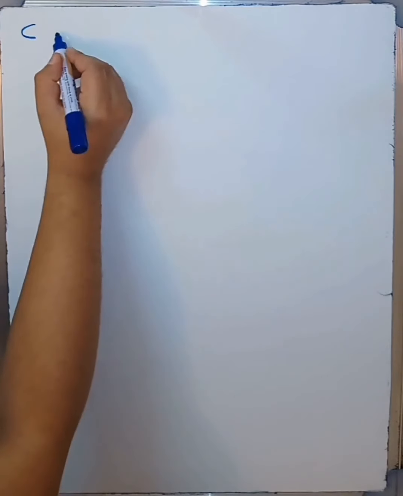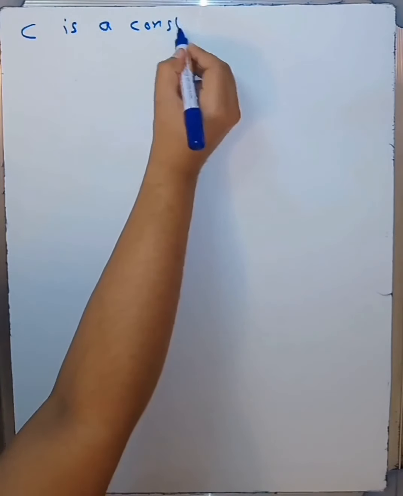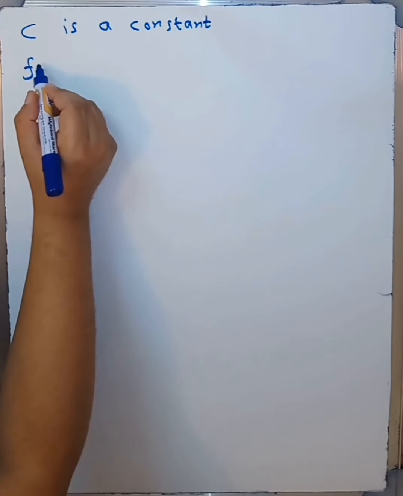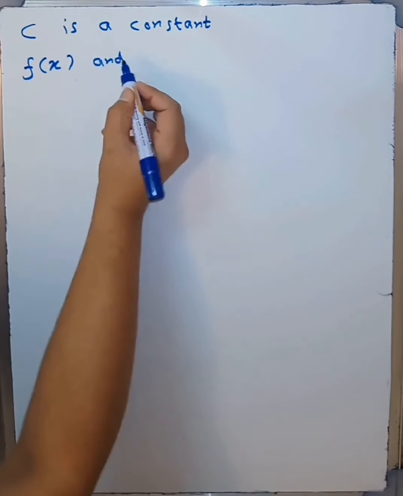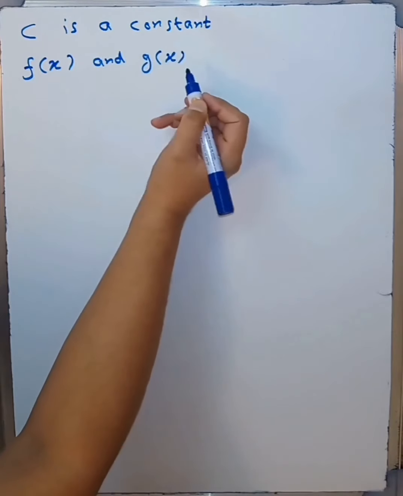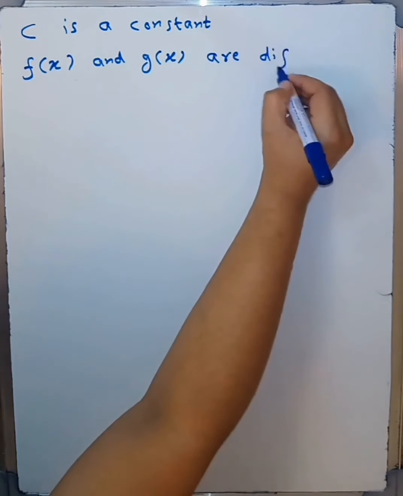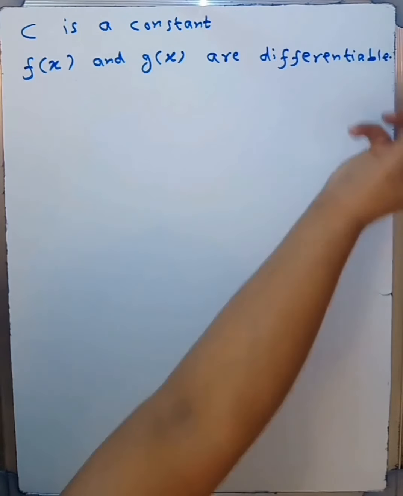Now let us write some important rules of differentiation. Suppose c is a constant, and we have two functions, f(x) and g(x), and both of these functions are differentiable.